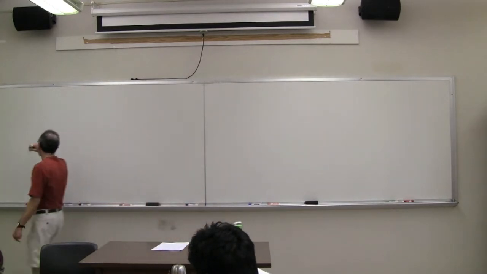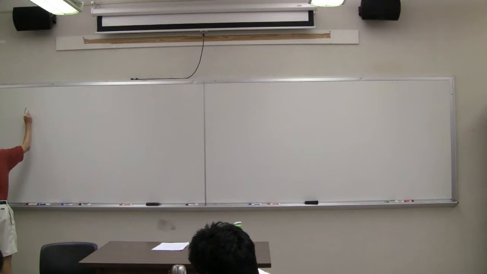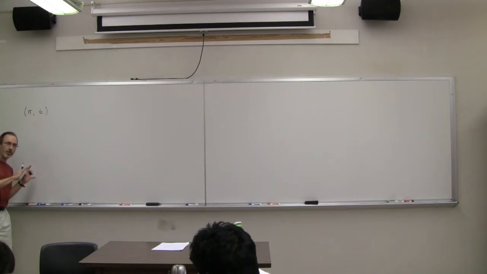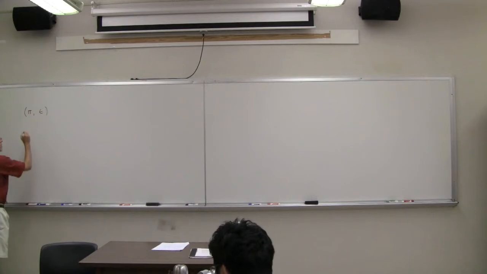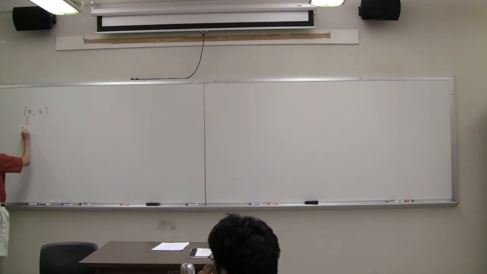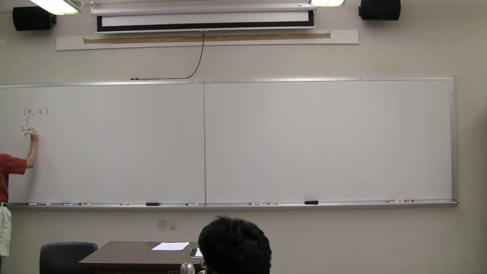Just very briefly, let me suggest a category that's kind of interesting, because I'll come back to it at the end of today's talk and show you what happens in the twisted case. So what's pi? It's a finitely presented group. And what's epsilon?